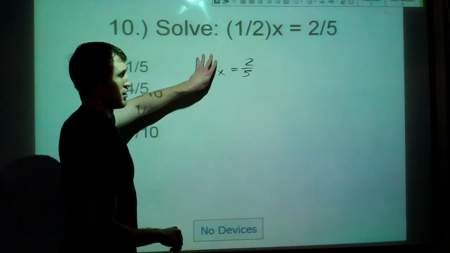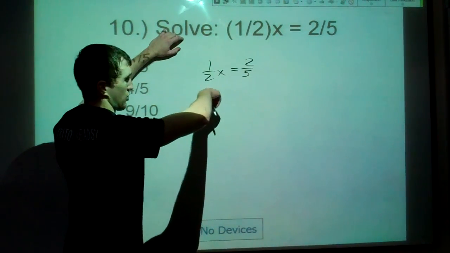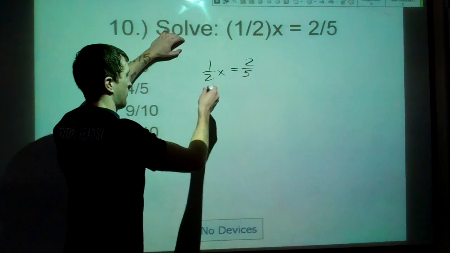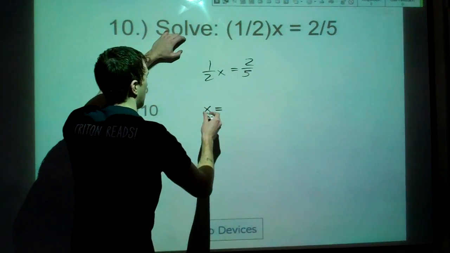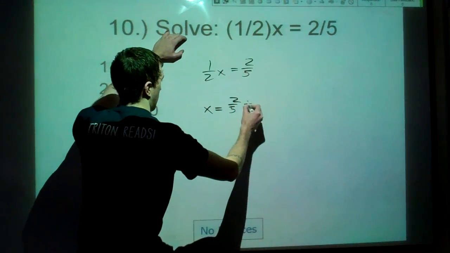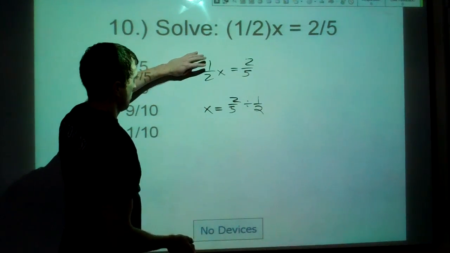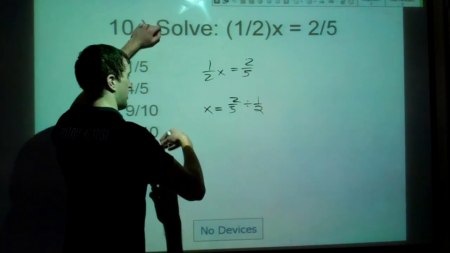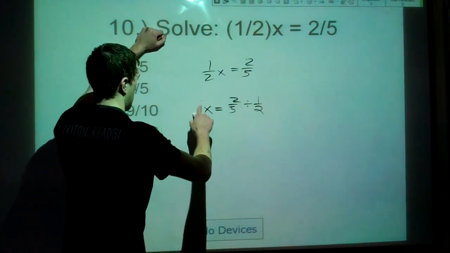We're multiplying something by, or it's being multiplied by something. So in order to get rid of this 1/2, we have to divide by 1/2. So x should equal 2/5 divided by 1/2. Because 1/2 divided by 1/2 is 1. We just cross those out then, because 1x is just x.